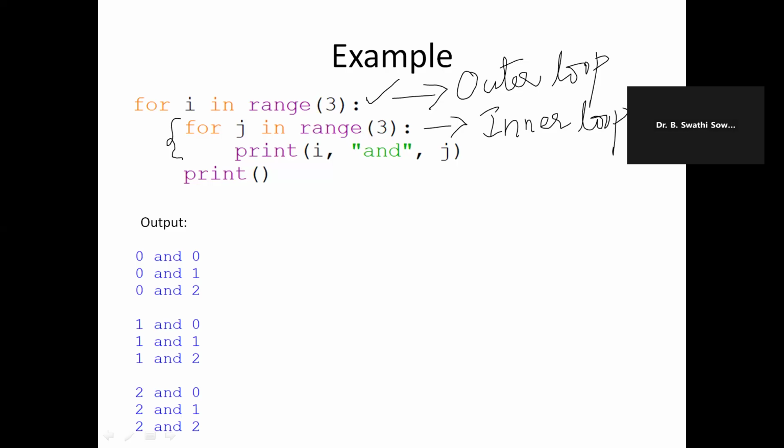The outer for that we have written, this entire thing constitutes the outer loop block of statements. And whatever statements we are writing inside this inner loop, those statements constitute the inner for loop. Like that, you can also write one more for loop inside that. So these types of loops written internally inside one loop are called nested loops.